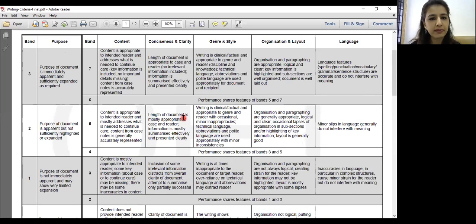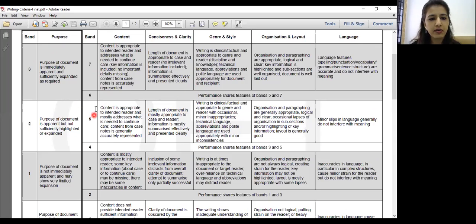Now, if you look at the descriptors here, the purpose criteria is scored out of 3, whereas the rest of the evaluation criteria are scored out of 7. Now, what we are targeting here is 5. For B level, you should be getting 5 in each of the criteria.